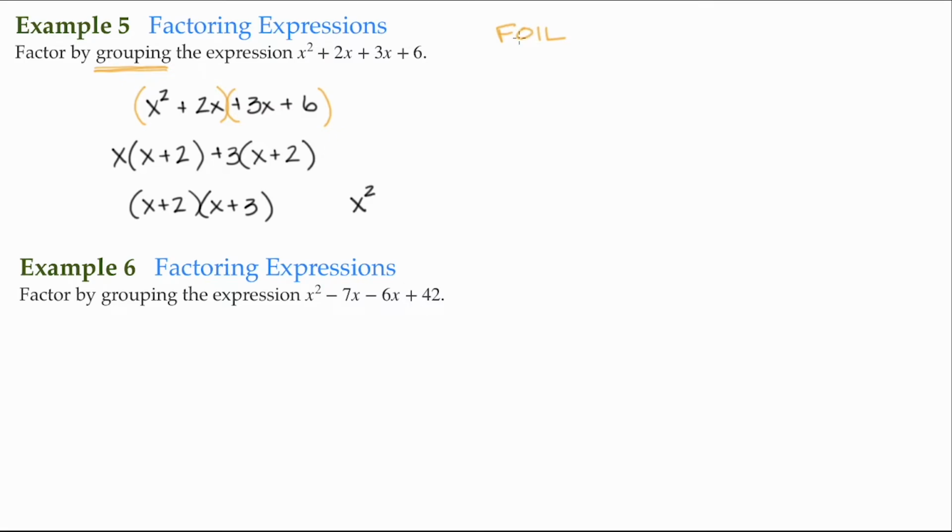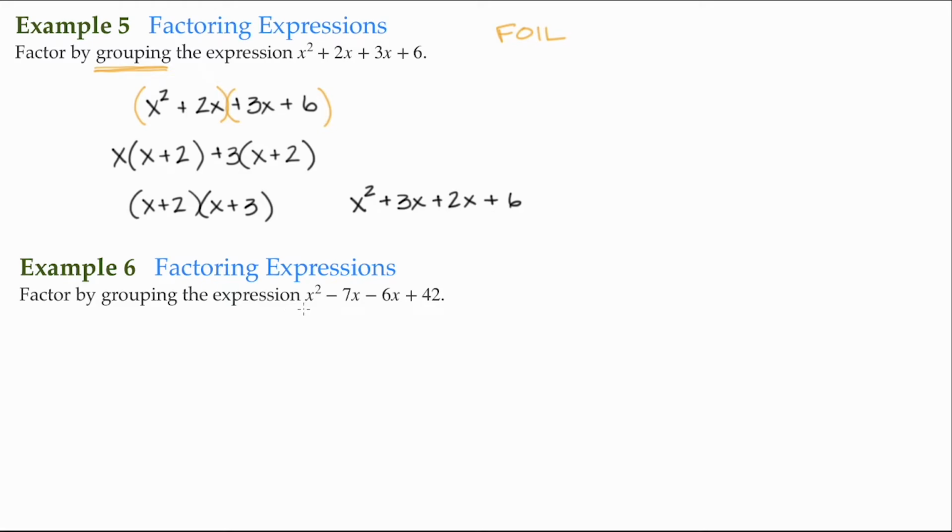O, that's the outer terms. X times 3, that's 3x. 2 times x, those are our inner terms. That's 2x. And 2 times 3, those are our last terms. That's 6. And these terms are the same terms in this expression as we have up here. So I think we're good.